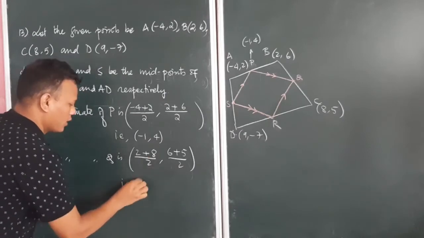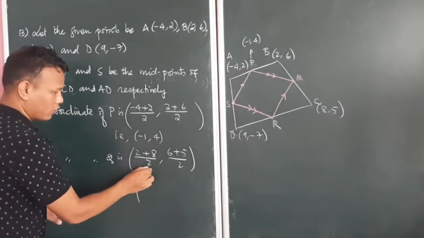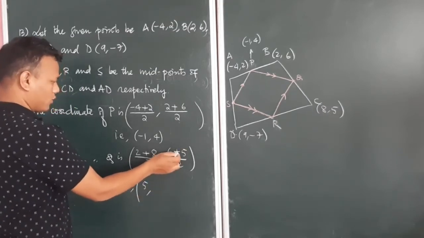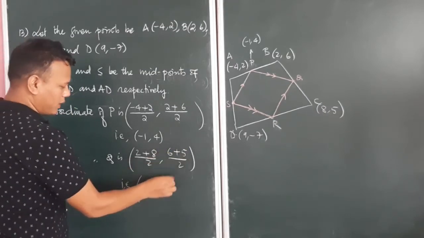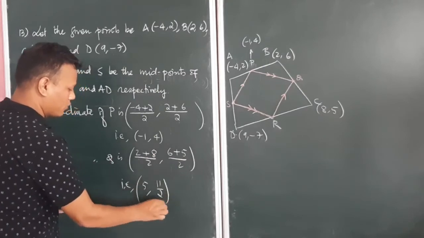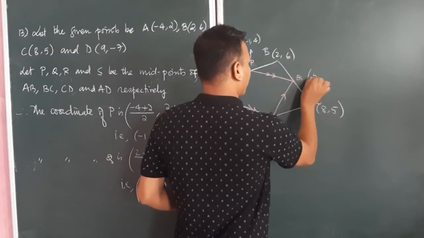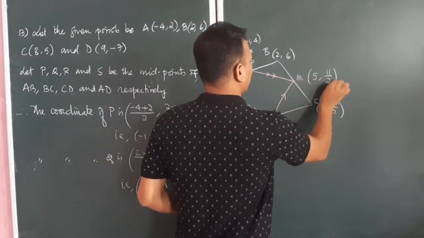This is 10 by 2, which is 5, and this is equal to 11 by 2. So this is the coordinate of Q: 5 comma 11 by 2.